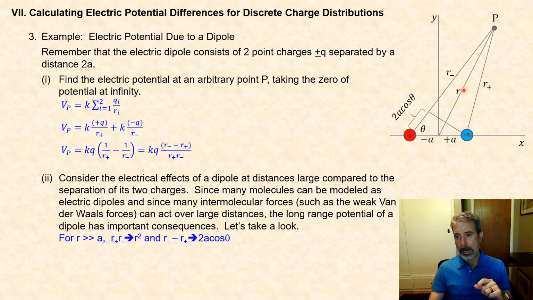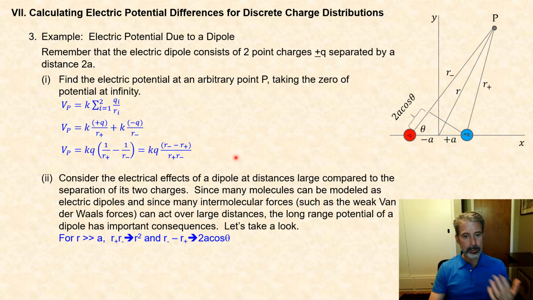So again, you have to imagine that r is very, very large compared to a, in which case this triangle I'm showing you right here would represent a right triangle. This would be a right angle here, for very large distances. In fact, r minus and r plus would be nearly parallel when r is very, very big.